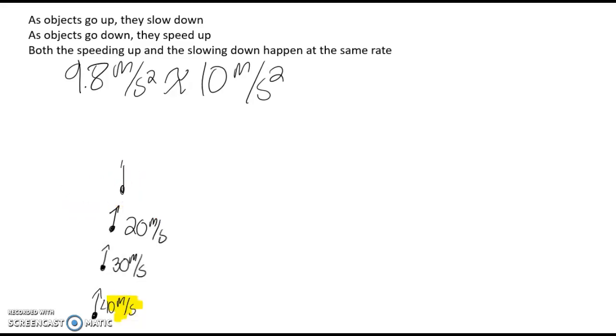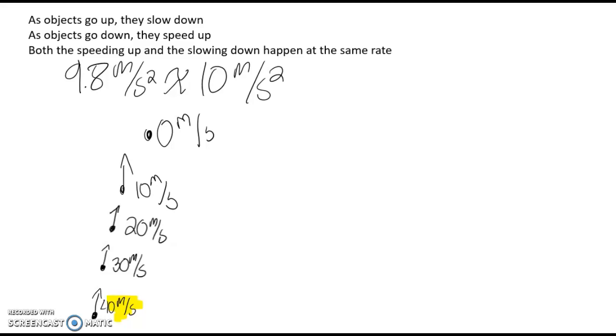We're still going up at around 10 meters per second. And then eventually we're going to get as high as we're going to go. And that 10 meters per second goes down by another 10, and it is not moving at all. It's at 0 meters per second. But its speed is still changing at that same rate of 10 meters per second every second.